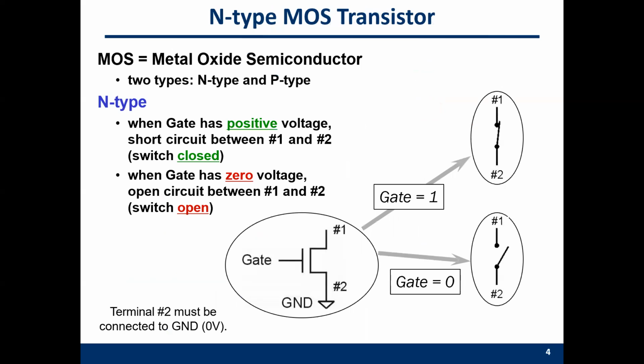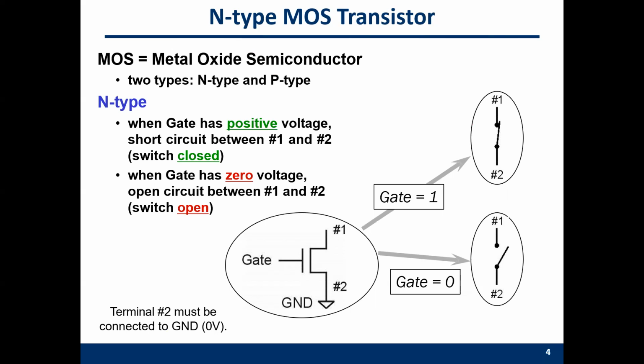There are two types of so-called CMOS transistor. The first one is NMOS. So this is an NMOS. You can view it as a switch. This gate is the controller. You can control it, close and open.